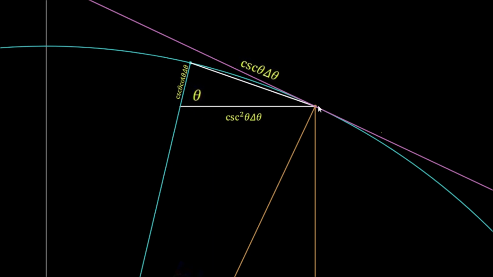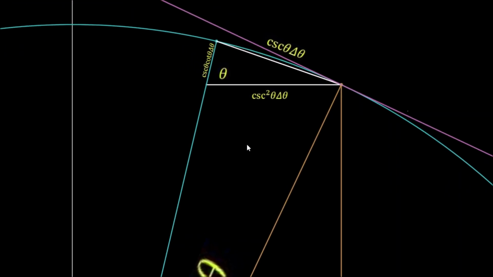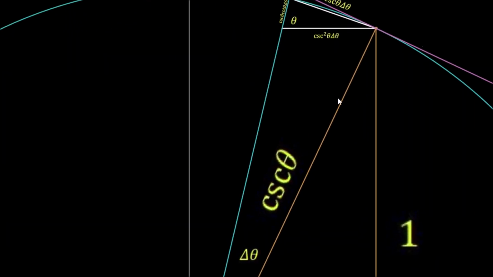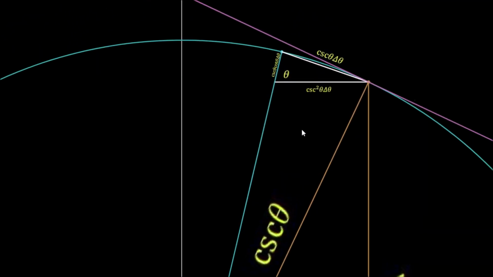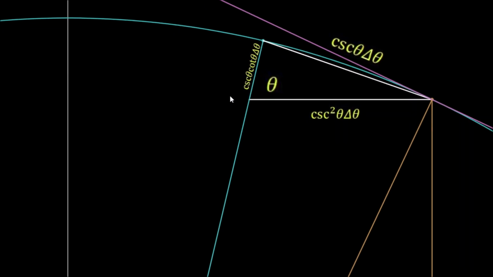So we've got all of the sides of our little similar triangle, but the only one that we're actually interested in is the one that changes the length of our cosec line, which is this line here. And you can see it's going to be changed by this amount, cosec theta cot theta. But one thing we have to be careful about here is that it doesn't add on this distance here, it actually subtracts it off.